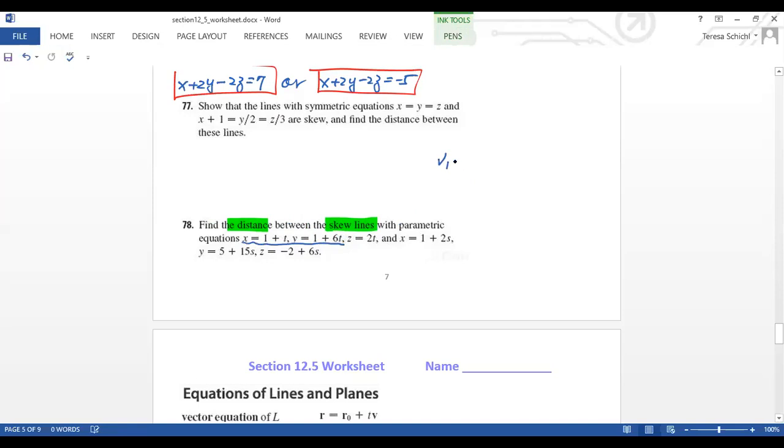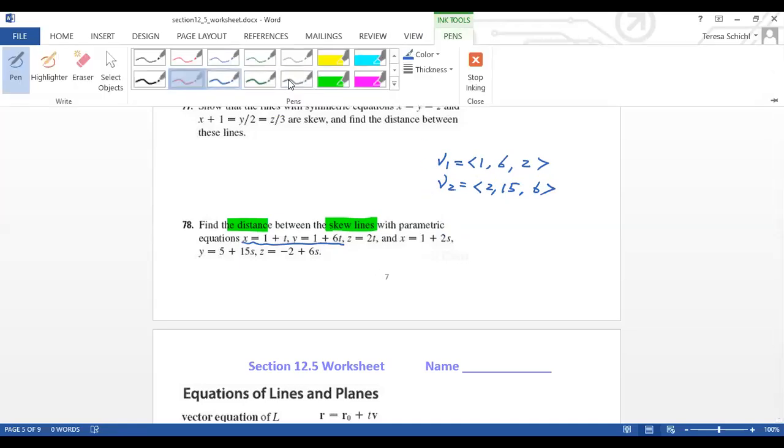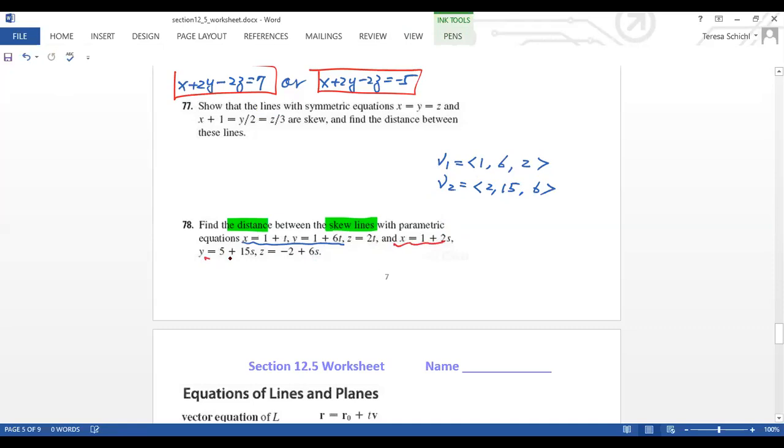The directional vector for this one is the constants in front of the t, which is 1, 6, and 2, right? Now the second line, the constants are 2, 5, 2, 15, and 6. So this is the directional vector for the first one, and this one is the directional vector for the second line here, right?